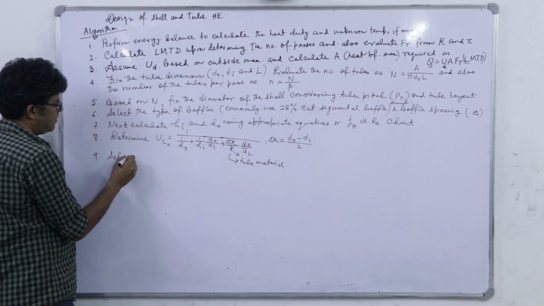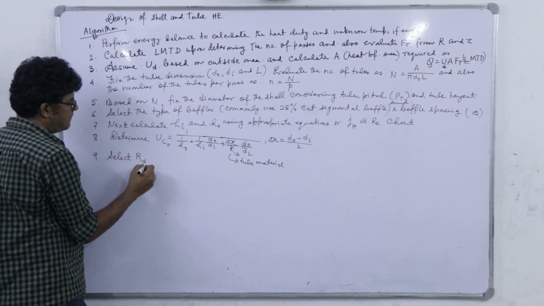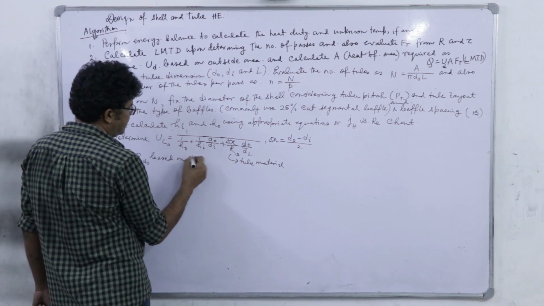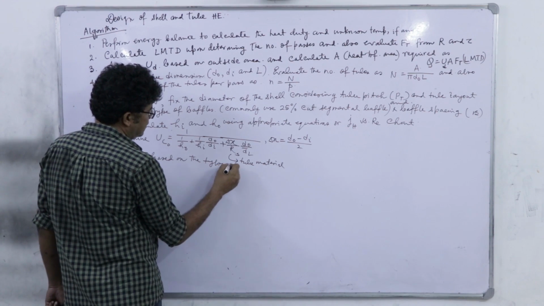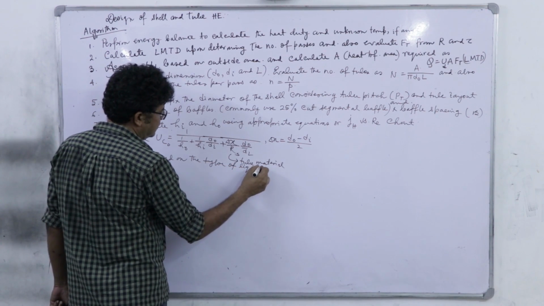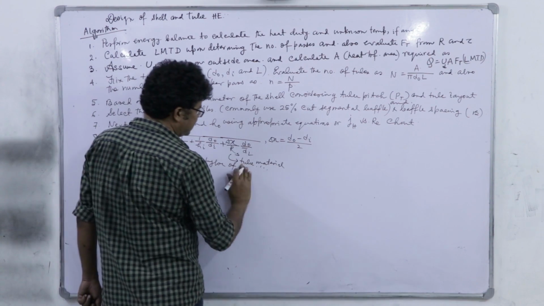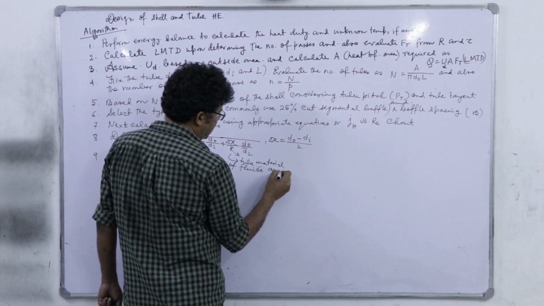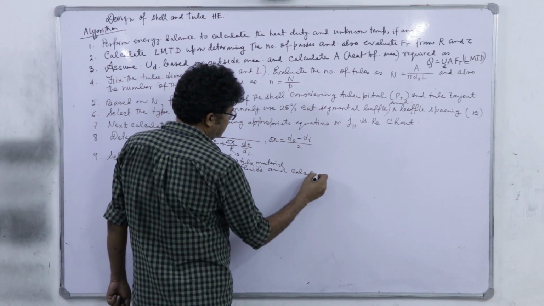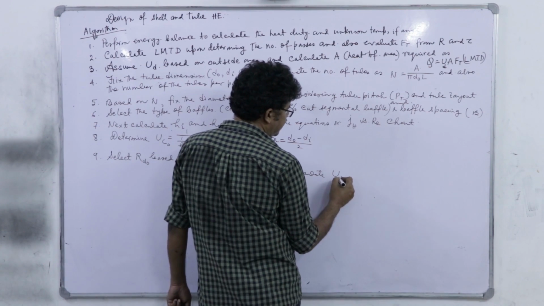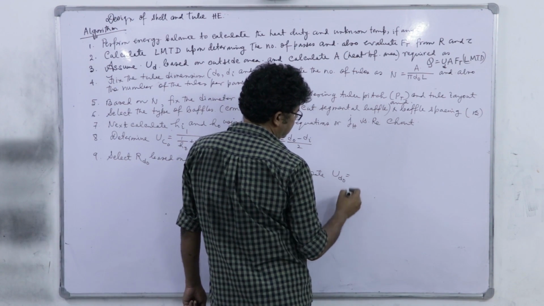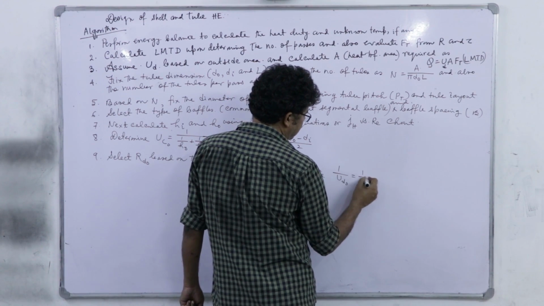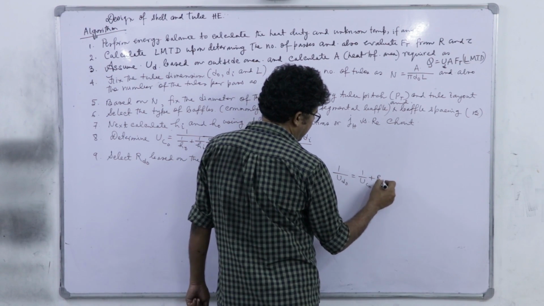Next, select RDO based on the type of fluids, and calculate UDO as 1 divided by UDO is equal to 1 by UCO plus RDO.